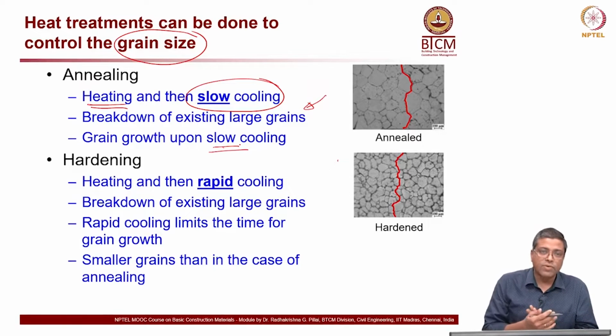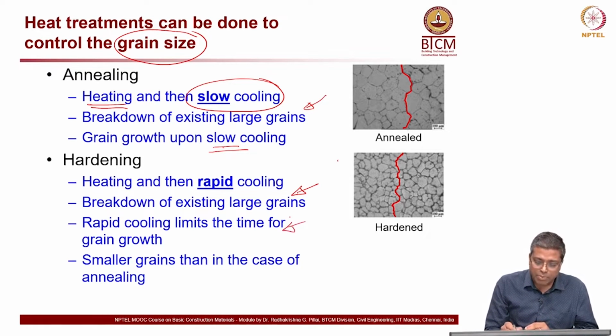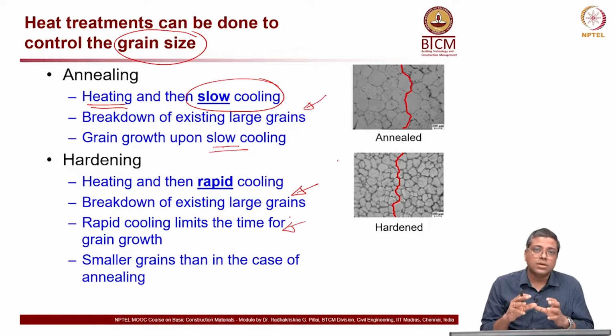Okay. Now in case of hardening, it is heating and then rapid cooling, and this also breaks down the existing large grains in the heating process, and then because of rapid cooling, the final grain size is going to be relatively smaller as compared to the annealing case.